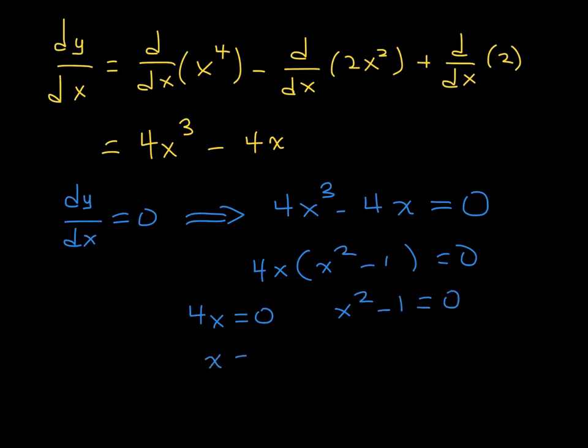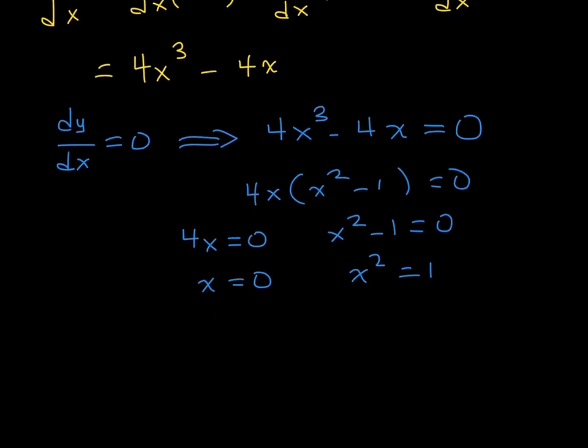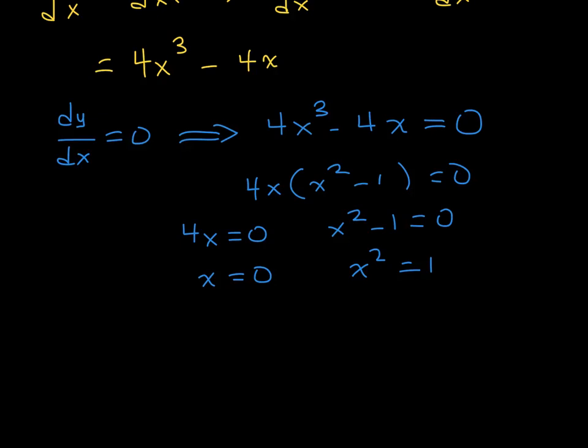So then x is equal to 0, or x squared equals 1, and using the square root property, x is equal to plus or minus 1. So the curve does have horizontal tangent lines. We're at x equal to 0, x equal to 1, and x equal to negative 1. Let's find the actual points.